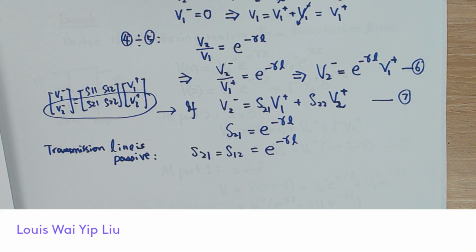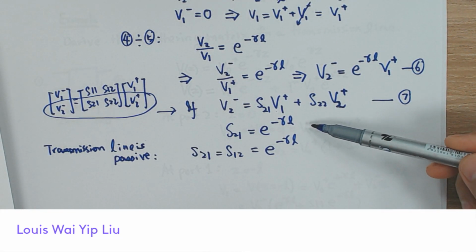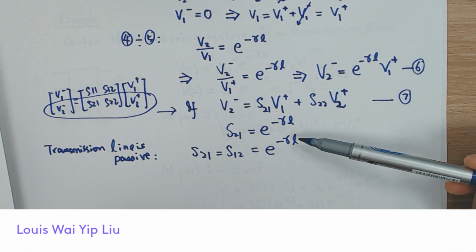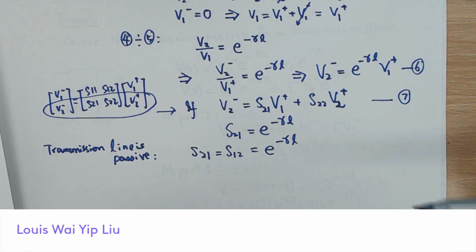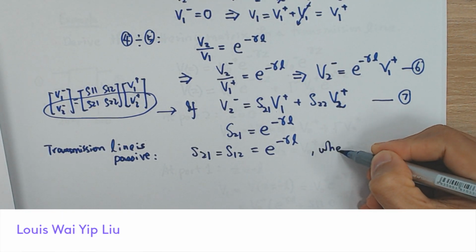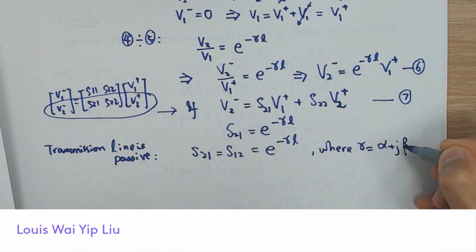And if it is reciprocal, then S12 and S21 will be the same. And according to our previous result, S21 is actually equal to e to the power minus gamma L, where gamma is alpha plus j beta.